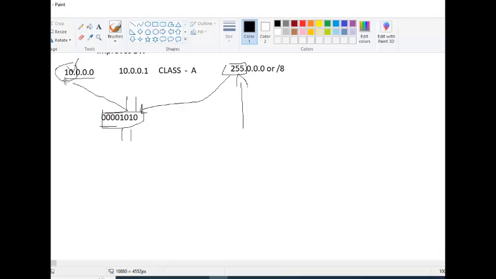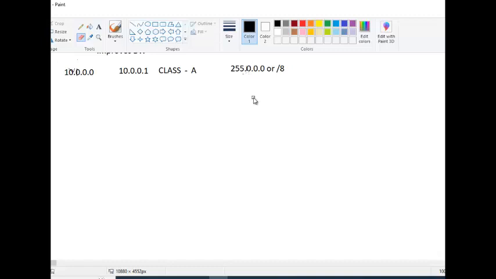Now, when we do subnetting, we are breaking the rules. We are giving more than 8-bit for networking. When you do subnetting using 10 network, with this 8-bit that is not possible because 8-bit is already taken for network. So when you say subnetting, what we do is we borrow some bits. We borrow some bits from where?